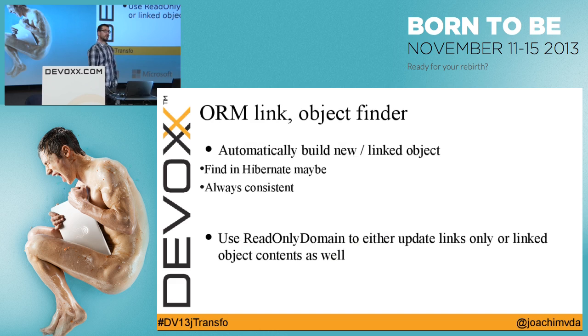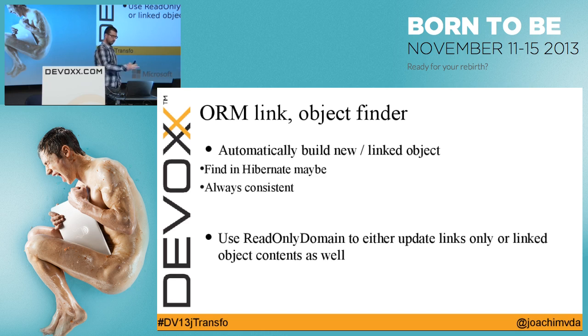Right. To make this work well with your object relational mapping tool, you can define an object finder, which means that every time JTransfo wants to get an object to copy to, it will actually try to determine which object to copy into. There's an interface that you can implement telling you that if this is your transfer object, that allows you to figure out what the target object is.